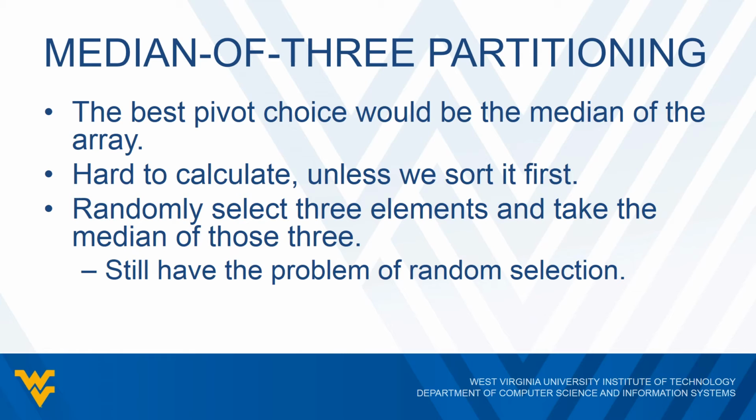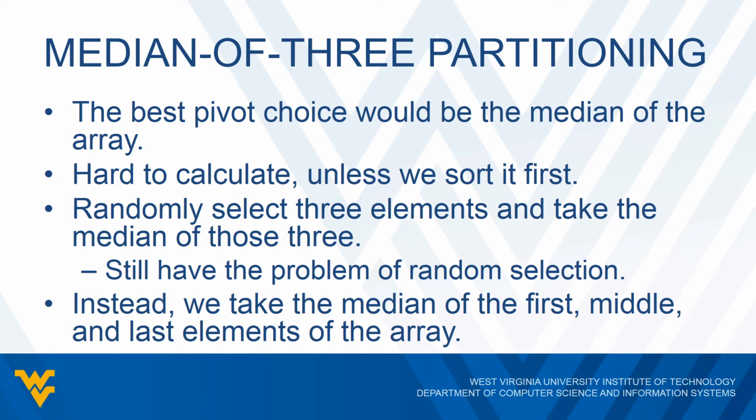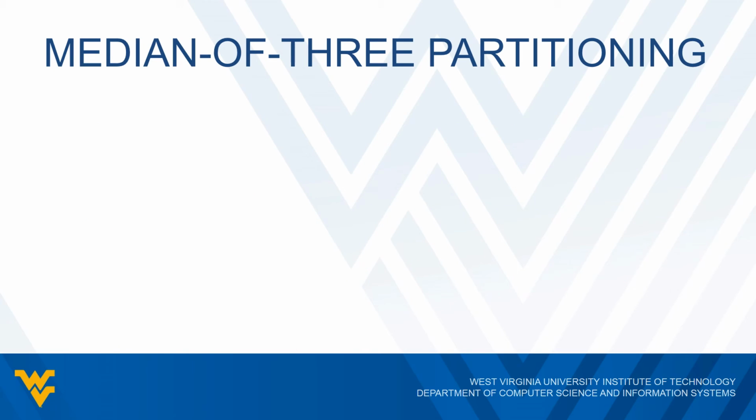We still have this extra time that's needed to randomly select the 3 elements. So what we're going to do instead is we'll take the first element of the array, the middle element of the array and the last element of the array and take the median of those three. That's close enough where we still will not be able to get the absolute smallest or absolute largest elements, but we can pick an element without doing the randomization.